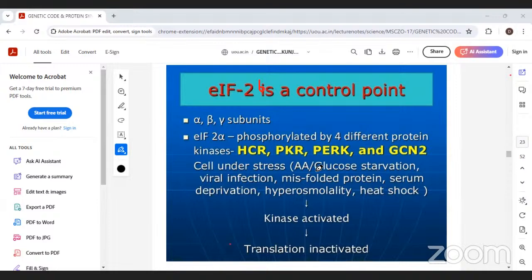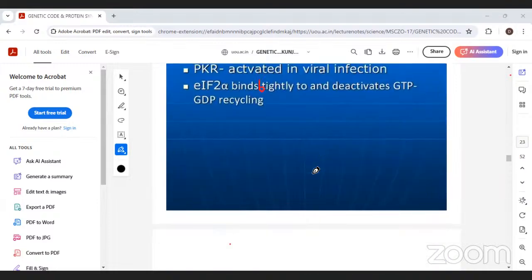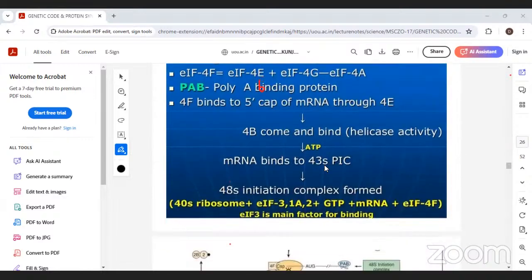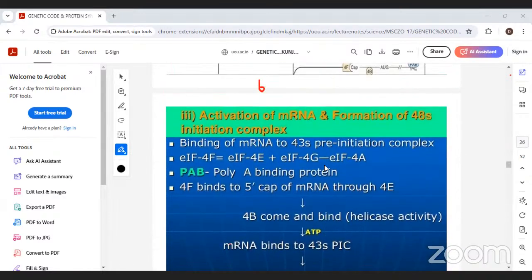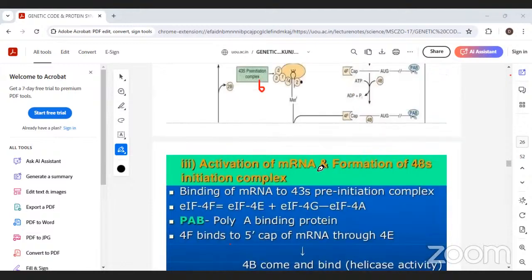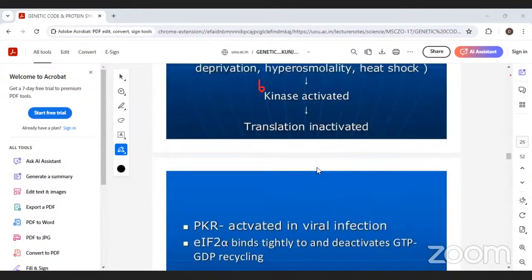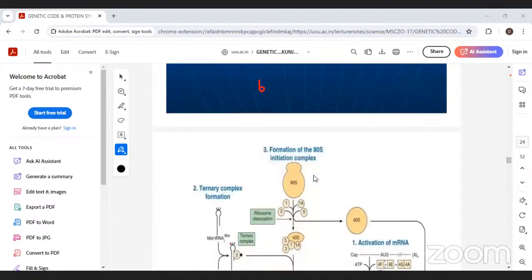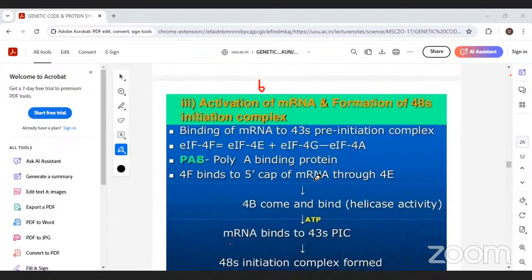Coming to the second one, the elongation process. The next one is EF1 control, and then the elongation process.